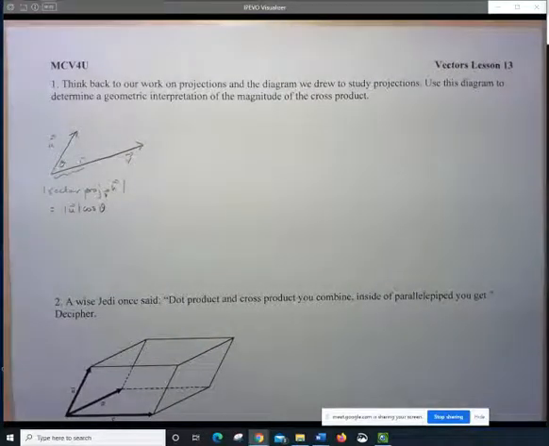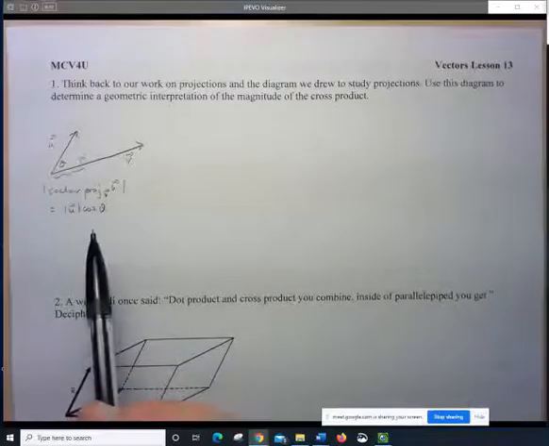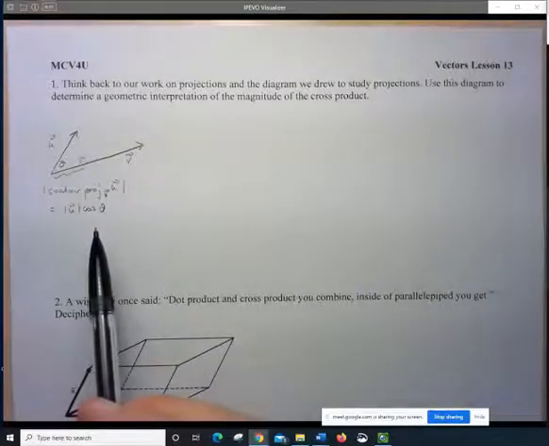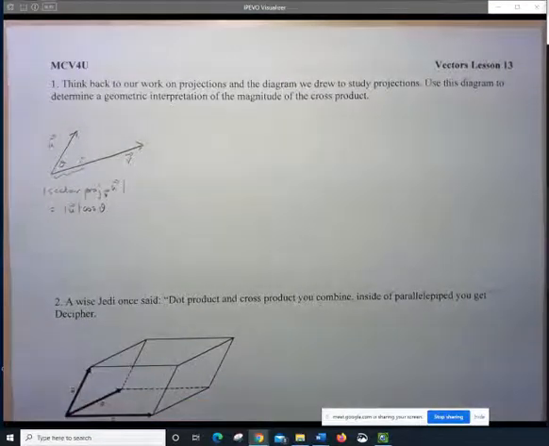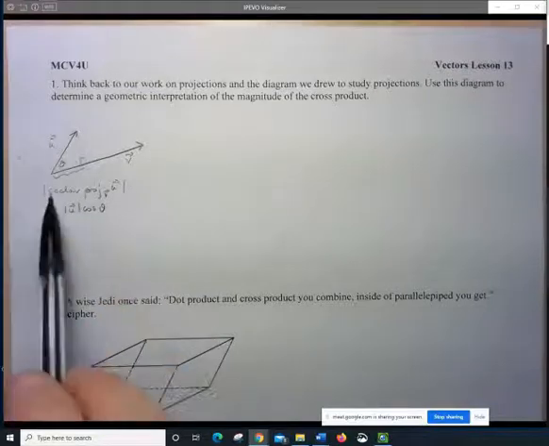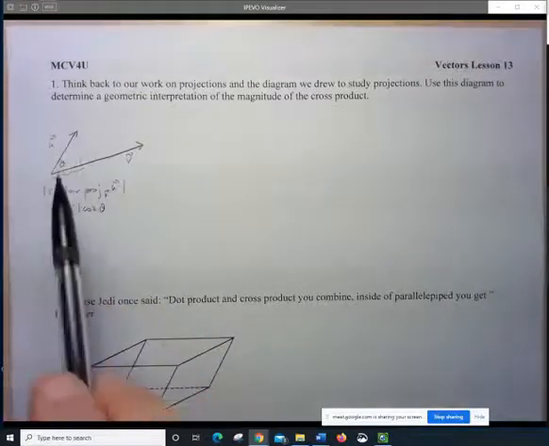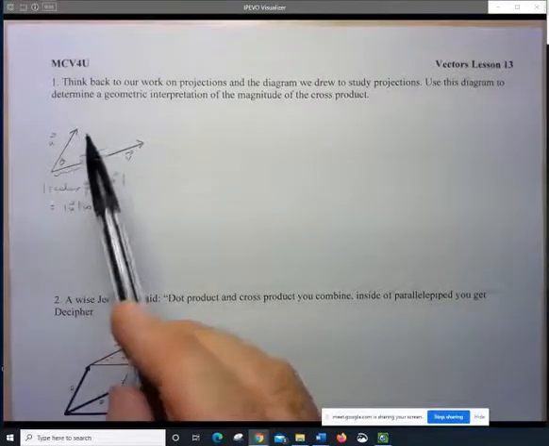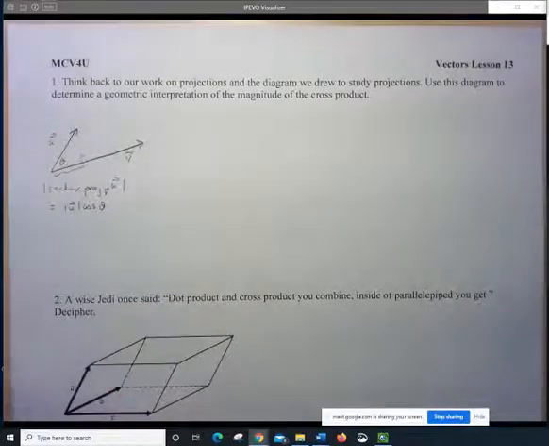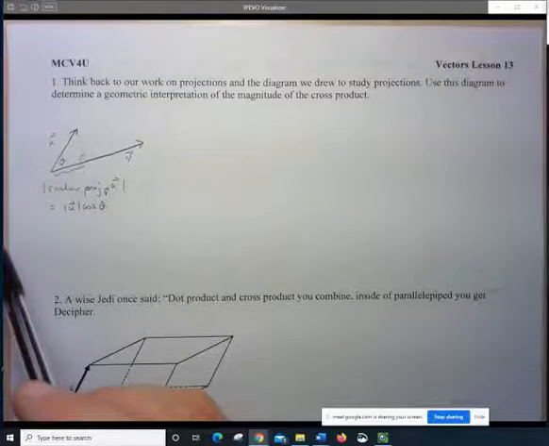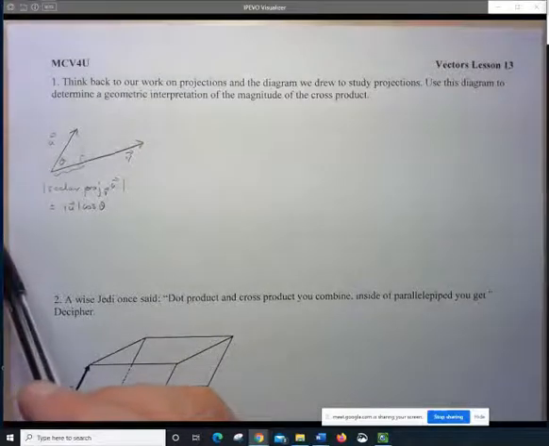All right. So what I'm asking you to do is think about that geometric definition of the cross product and see if it gives you some information about this diagram. I want to keep it as vague as possible, but think about what you find in the geometric definition of the cross product.